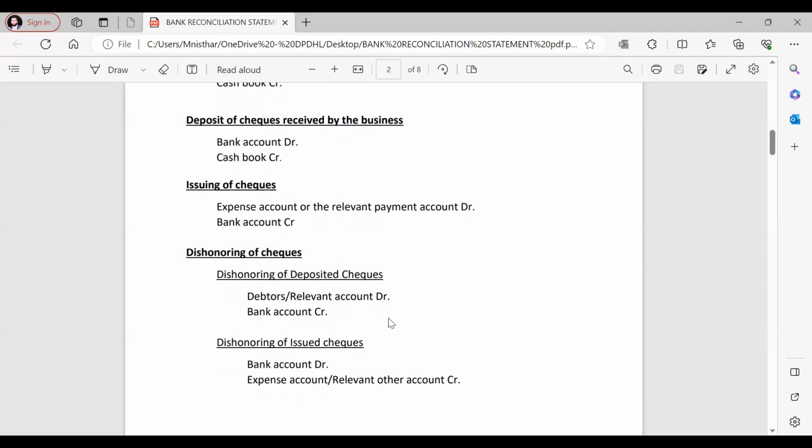Next one. When considering the dishonoring of issued checks, when you issue a check, you normally credit the bank account.